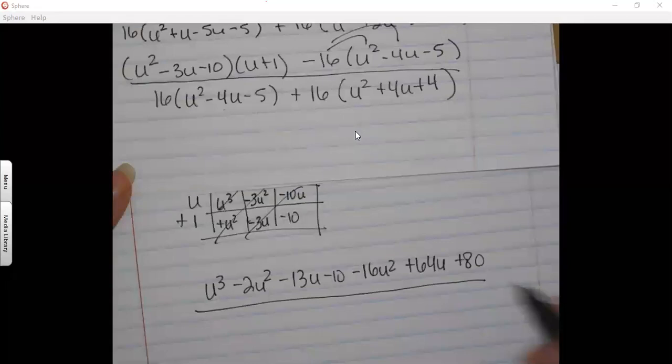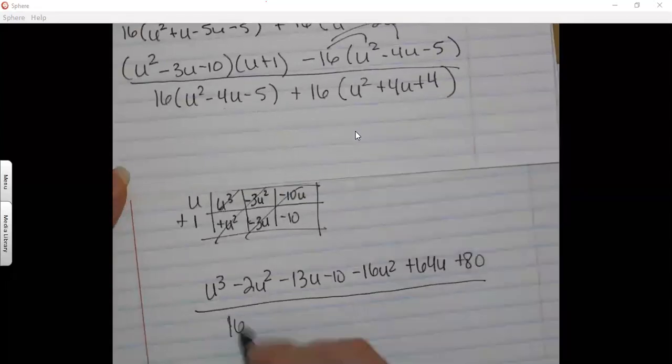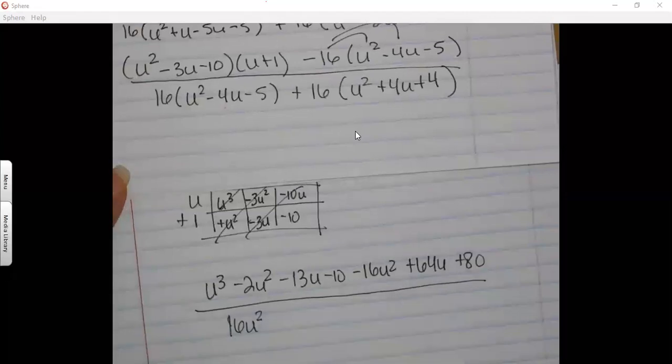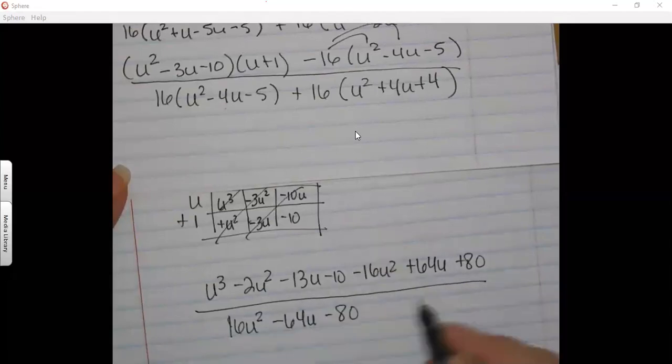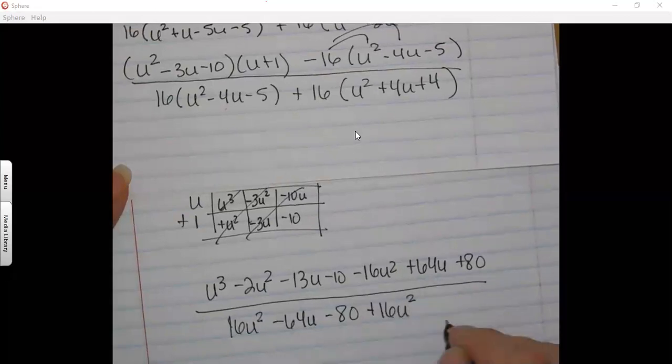So 16u squared minus 64u minus 80 plus 16u squared plus 64u plus 64, I think.